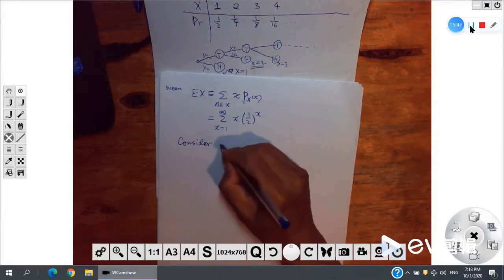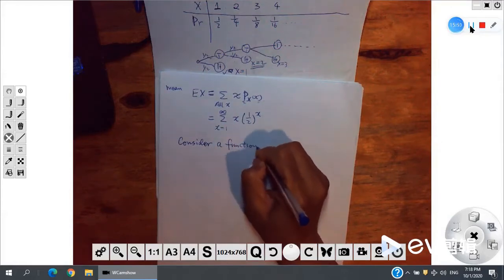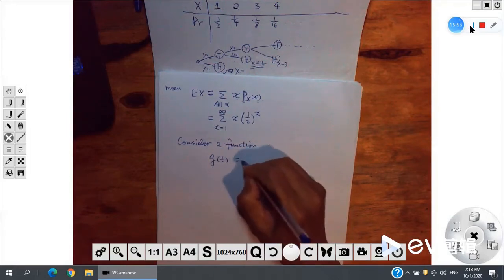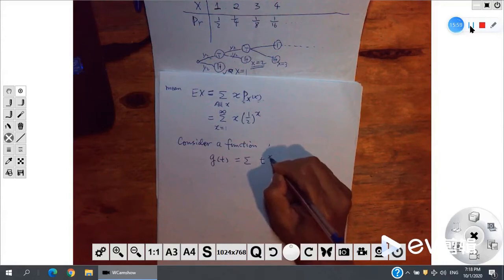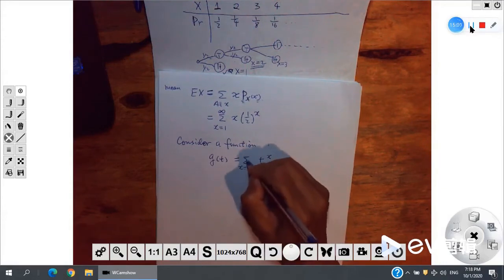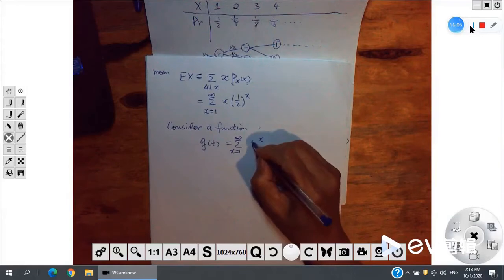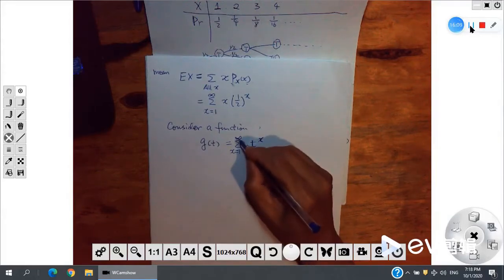Consider a function g(t) is the summation of t to the x, running from 1 to infinity. Here x is not a variable, t is a variable. The x are the powers, they are integers, running from 1 to infinity.